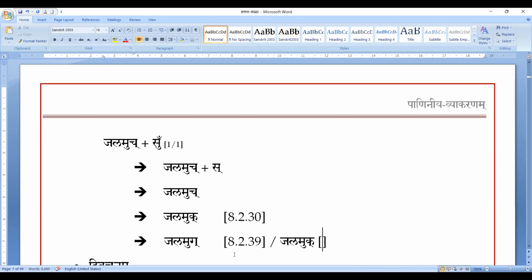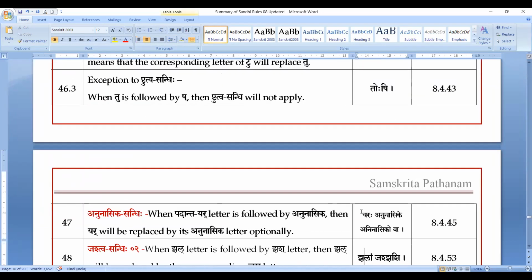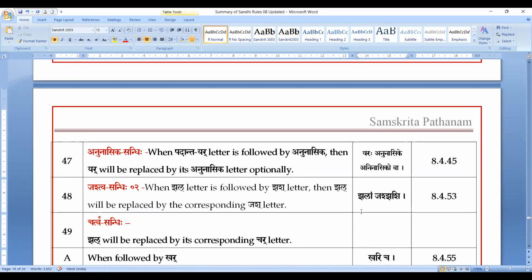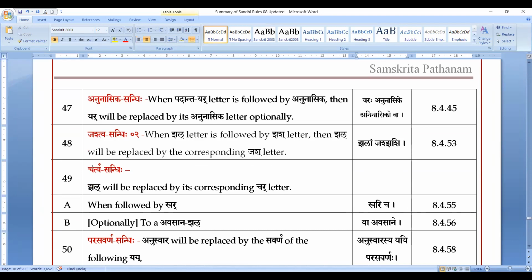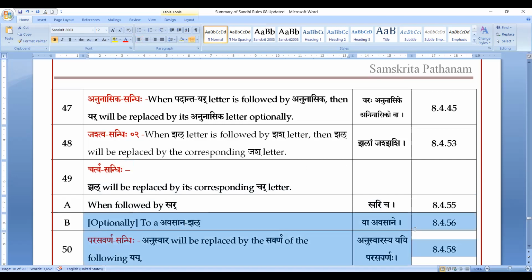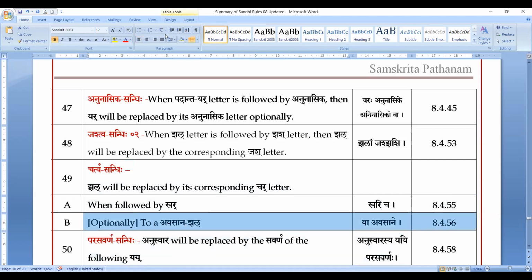By what rule? Remember Kharicha, Kari, when a Khar letter follows, or Va Padantasya. All these things you have to recall. You go and see the 8.4 section, the list of rules, Chartva Vidhi. A Jal letter will be replaced by the corresponding Char letter when followed by Khar, or optionally at the Avasana. 8.4.56 is applied.